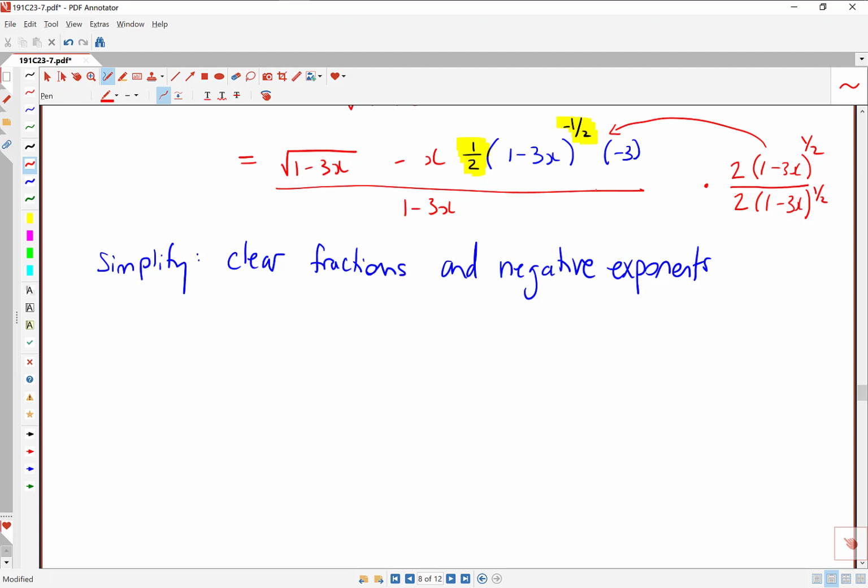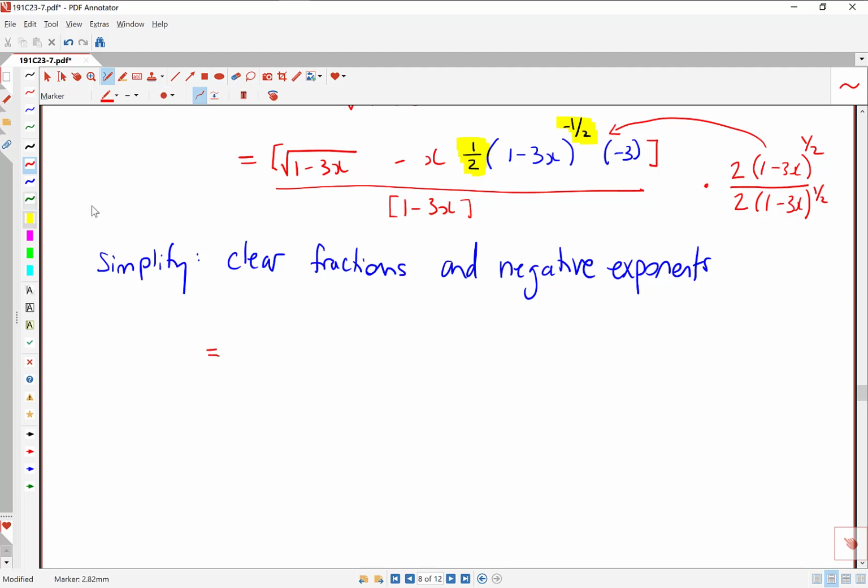The thing we need to be aware of is that we've really got 2 terms in the numerator. So it's important to have square brackets here and to understand that this 2 times the root is going to multiply with both of our terms in the numerator. If you want, you could put brackets around the denominator as well. Okay, so let's try that.